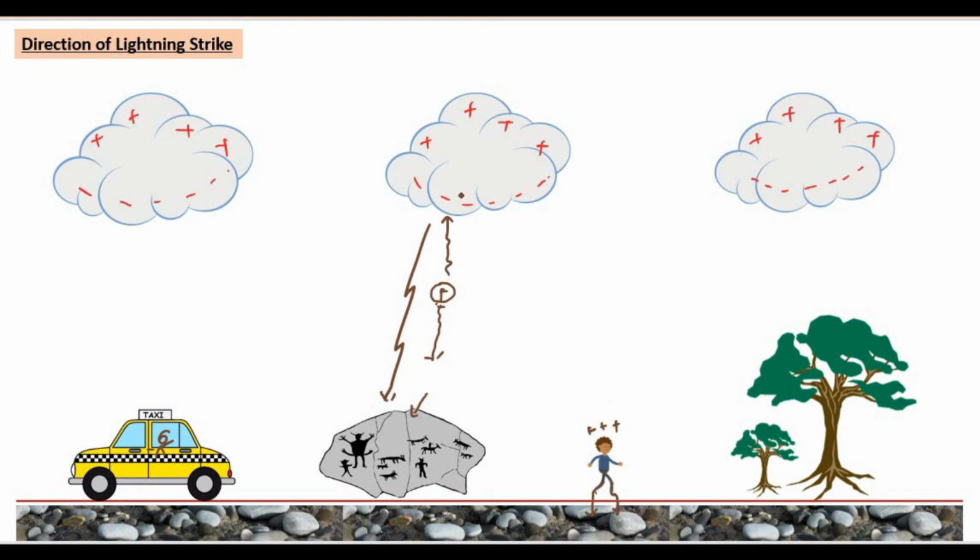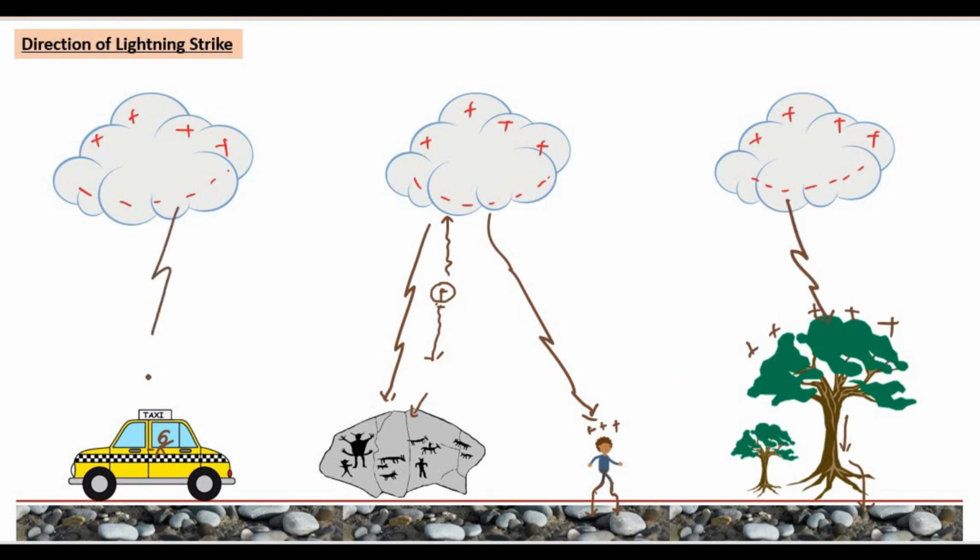So now these negative electrons want to come towards the positive ions, so a lightning strike on us is also possible. In the same way, all the positive ions in a conducting body, like this tree which also contains minerals and water in xylem cells, will be pulled up by these negative charges by the induction phenomenon, and negative electrons will be pushed down to the earth, and there will be a lightning strike on the tree as well.